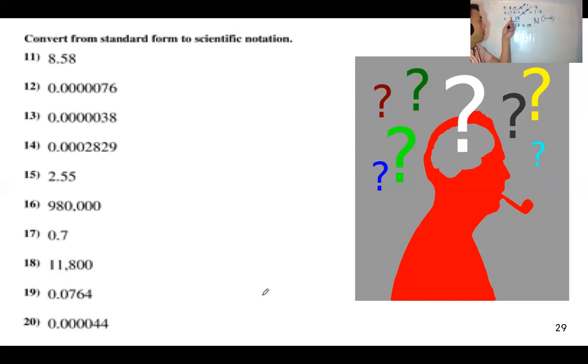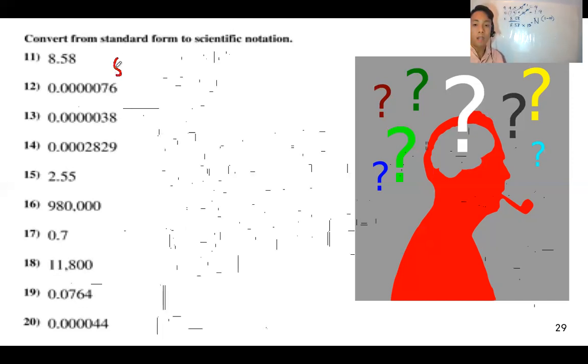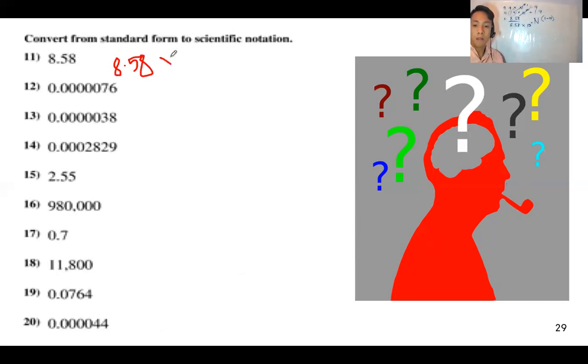Okay? Nag-move ba tayo ng decimal? No. Okay, so it will become 0. So ang number 11 natin, the answer here is 8.58 times 10 raised to 0. As simple as that.